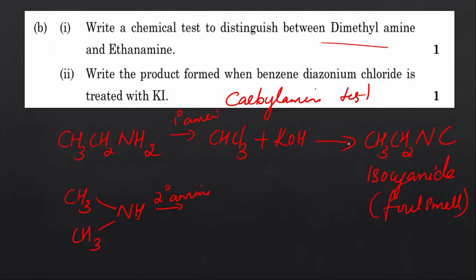So you can distinguish that this is ethanamine. In the case of a secondary amine, no reaction takes place, it does not react with chloroform. Only primary amines undergo the carbylamine test. Very important test for primary amines. How will you distinguish a primary amine from a secondary amine? You can employ the carbylamine test, chloroform in the presence of alkali. You will get an isocyanide, which has a foul smell.